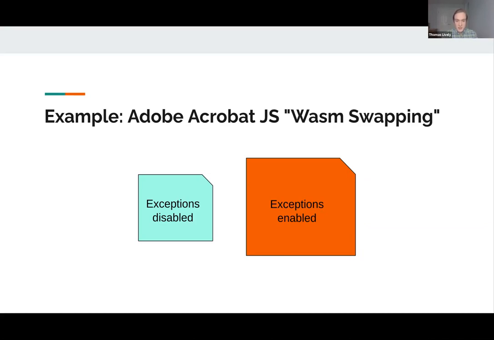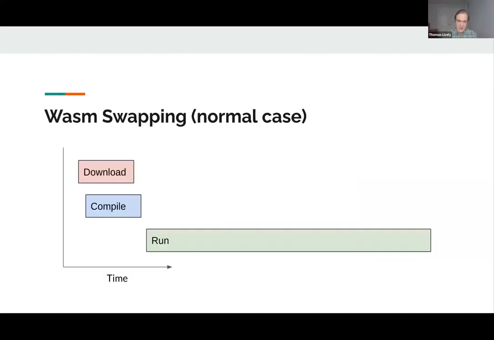And when they disable exceptions, they get a much smaller binary because Emscripten has to do a bunch of crazy code transformations to support exceptions today. So what they do is they just download and compile their build without exceptions enabled, and then they run it. And because it's smaller, they get to run it sooner. And if everything goes well and it's not a crazy edge case PDF, then that's it. They just run normally forever.